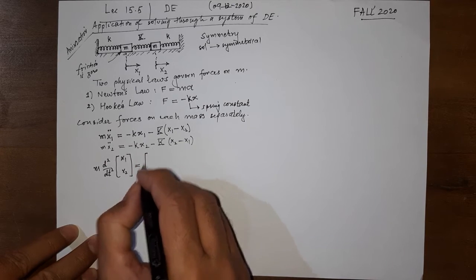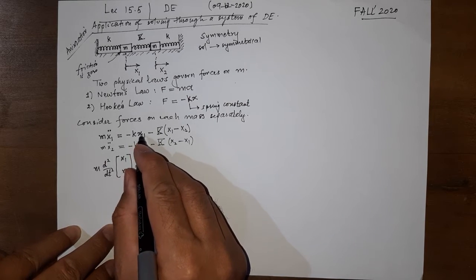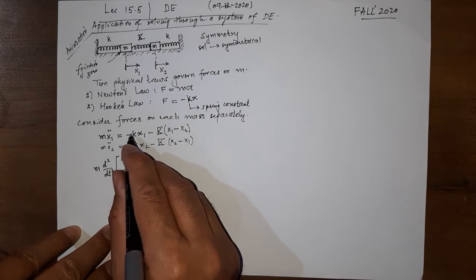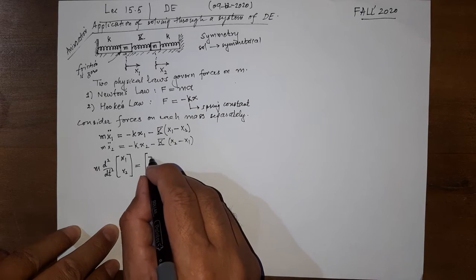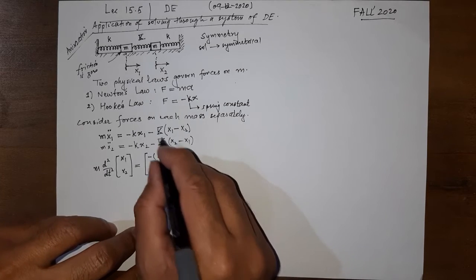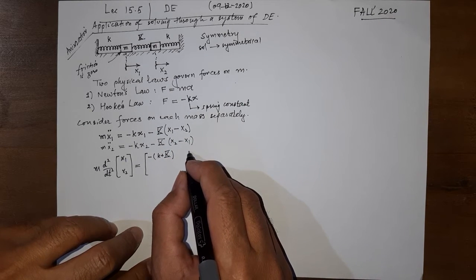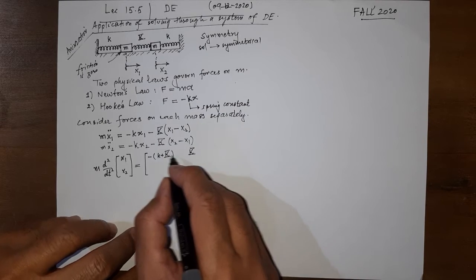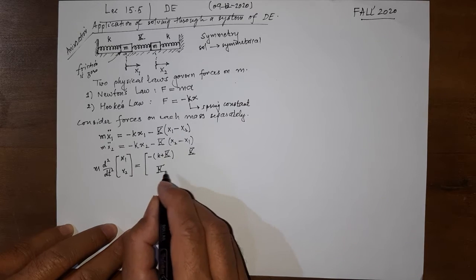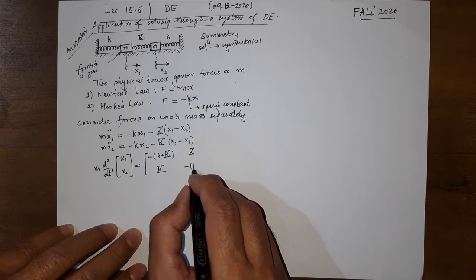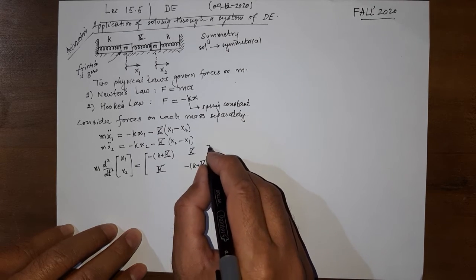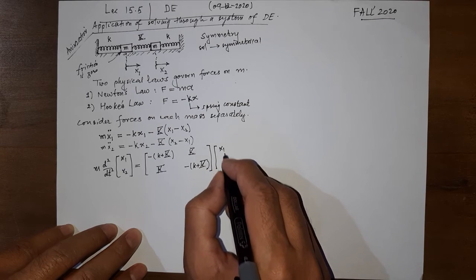If you order them together, with x1 we have minus k, but here we have x1 as well, so minus small k minus capital K. So we are going to get minus small k plus capital K, and here we have the x2 term, that is capital K. Here we need the x1 term, which is capital K, and here because of symmetry we are going to have minus small k plus capital K. This is the matrix A and the vector x.